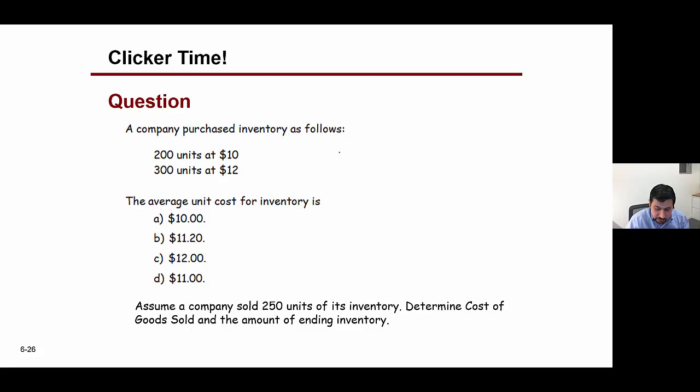In this case, it is 200 multiplied by 10 plus 300 multiplied by 12, which equals 2,000 plus 3,600. It's 5,600. The number of units is 500, which is 200 plus 300.